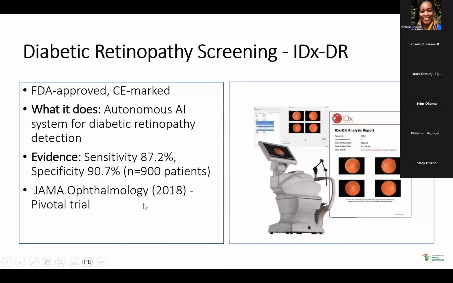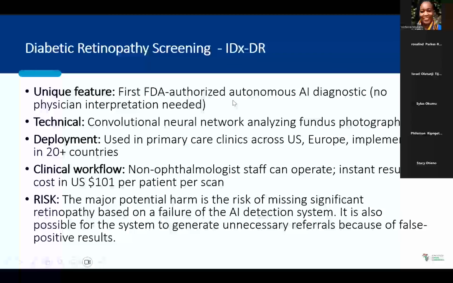Since 2018, when the first study was published, it showed quite high sensitivity and specificity, 87 and 90% for diabetic retinopathy detection. This is the machine that's used, and it gives some images and a report. This was the first FDA authorized diagnostic tool with no physicians needed.